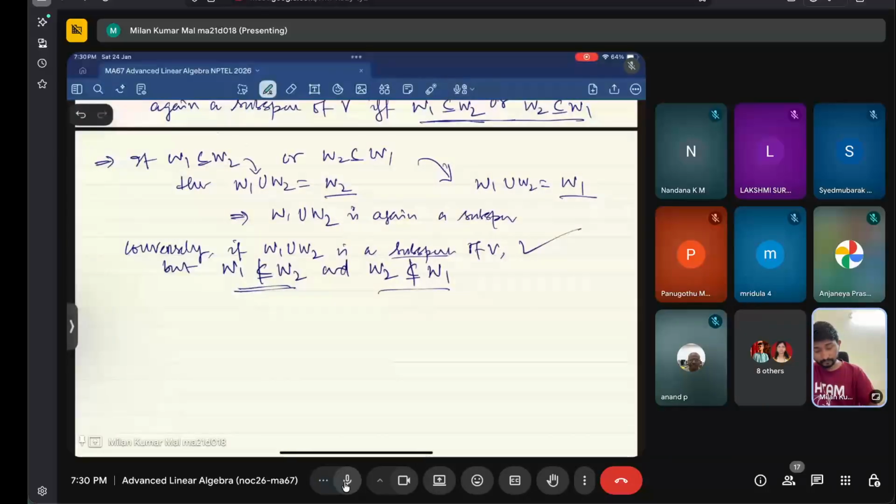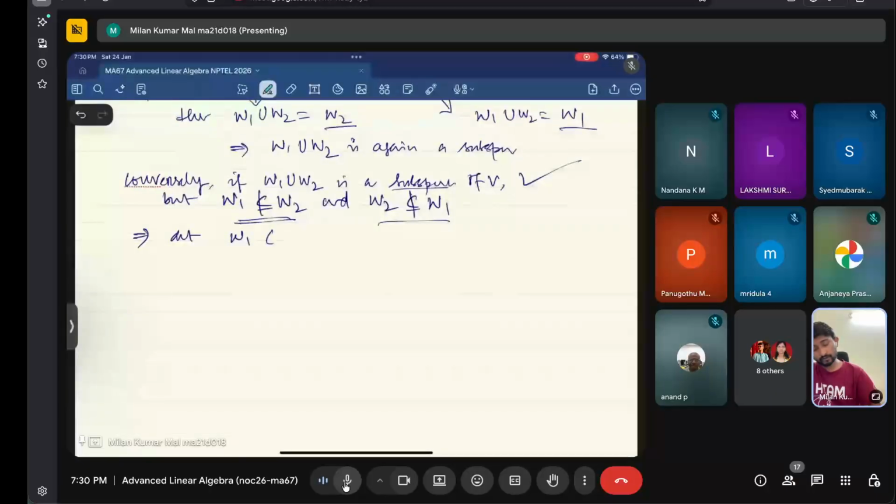So let w1 come from capital W1 and w2 come from capital W2. Note that W1 is a subset of W1 union W2, and W2 is again a subset of W1 union W2.